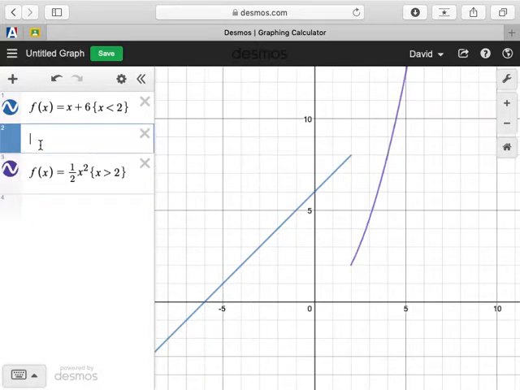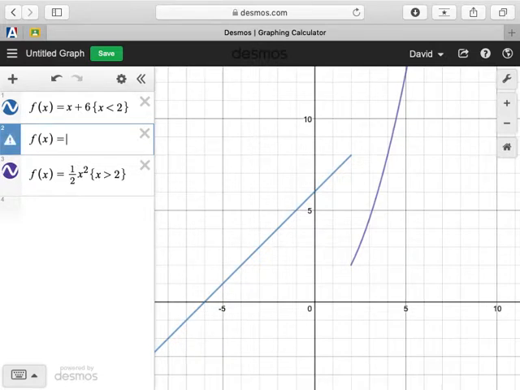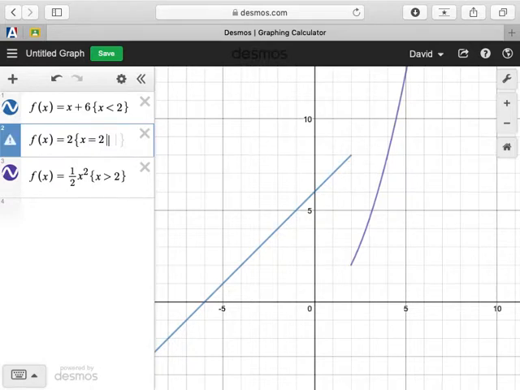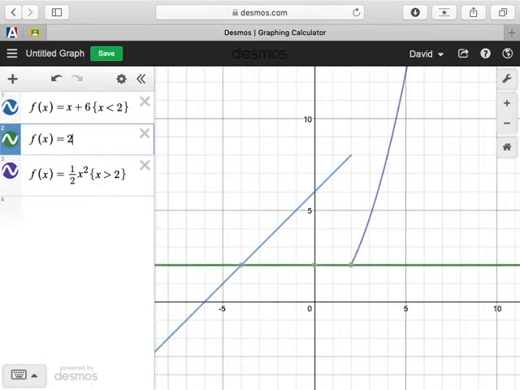Now, how did you guys graph the second one? I know that if I type in f of x equals 2, I have a horizontal line, and if I restrict my domain to x equals 2, notice that's no longer there. So therefore, I do have a problem. It's supposed to be the green line, but once I place my restriction, it's gone.